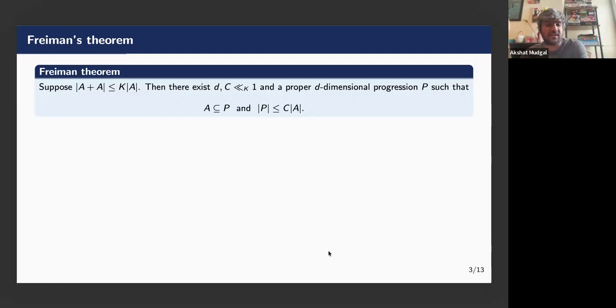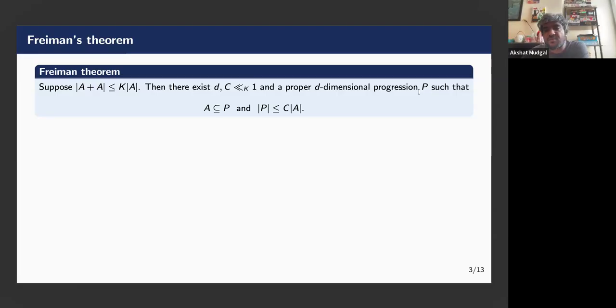Take any finite set of integers whose doubling is at most k, where k is some parameter at least 1. For this parameter k, you can find some parameters d and c which just depend on k. They're bounded above by some constant that depends on k. This is the Vinogradov notation, which has come up a couple of times in this conference, hiding some positive constant that depends on k.